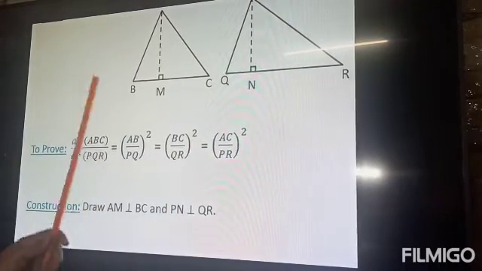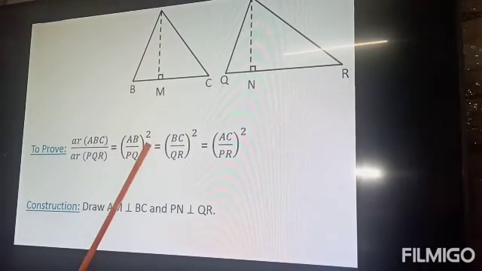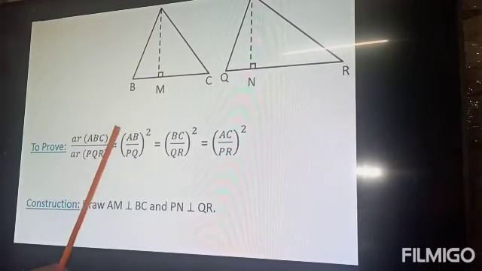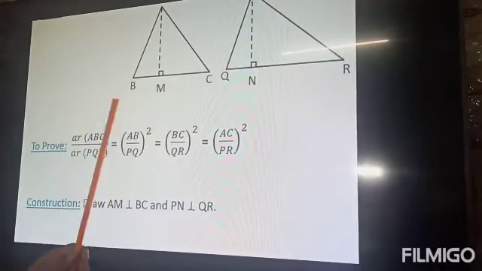According to the given statement, the ratio of the areas of similar triangles is equal to the ratio of their corresponding sides squared.